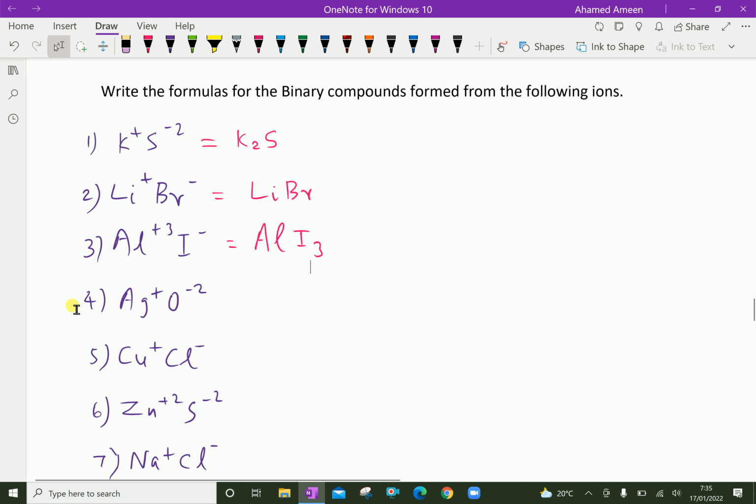Ag is positive 1 and O is negative 2, so we need 2 silver ions to balance the 2 negative charges, so we have Ag2O.